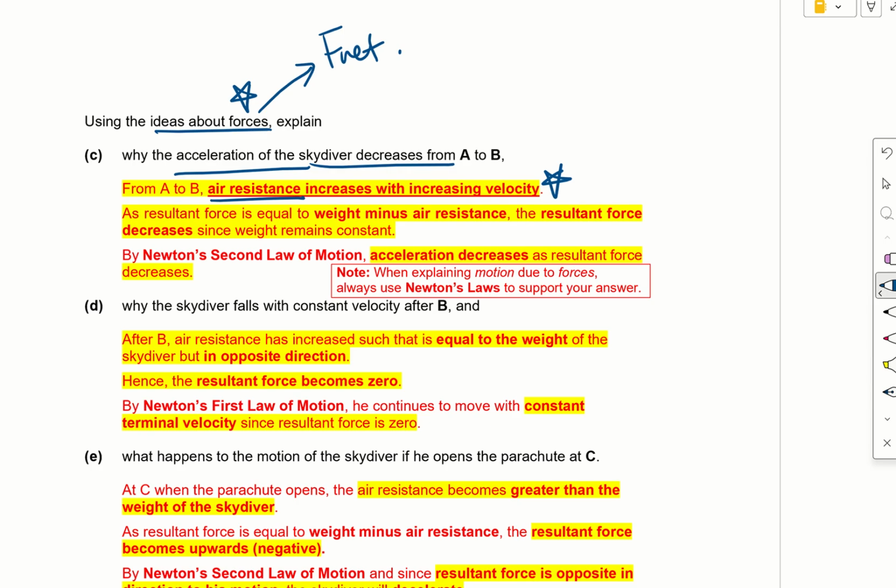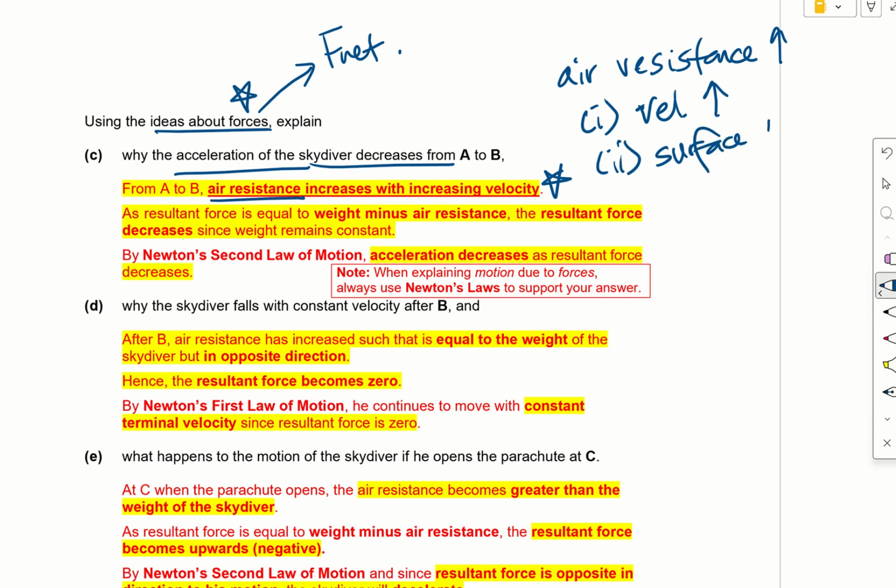What other factors will also increase air resistance? Air resistance increases when the velocity of the moving object increases, or if the surface area in contact with air increases.